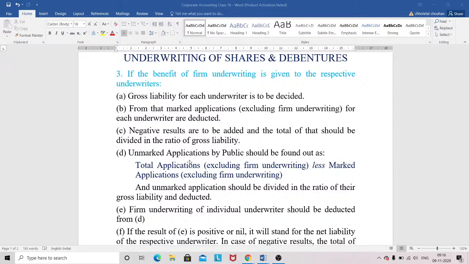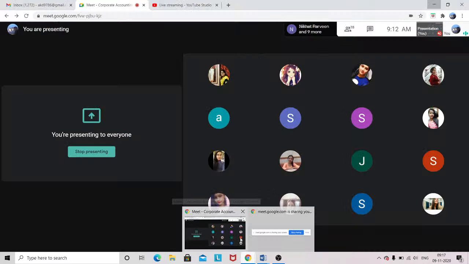This can also be done. So this is one formula to calculate the unmarked application, and another formula can be: total application including firm underwriting less marked application including firm underwriting. But in any case it should not be like this: total application excluding firm underwriting less marked application including firm underwriting. It should not be there. Both should be the same: if excluding, both excluding; if including, both including. But it can't be that one is excluding and one is including. You can't do that. So total application excluding firm underwriting less marked application excluding firm underwriting will be best, but sometimes you can use total application including firm underwriting less marked application including firm underwriting.